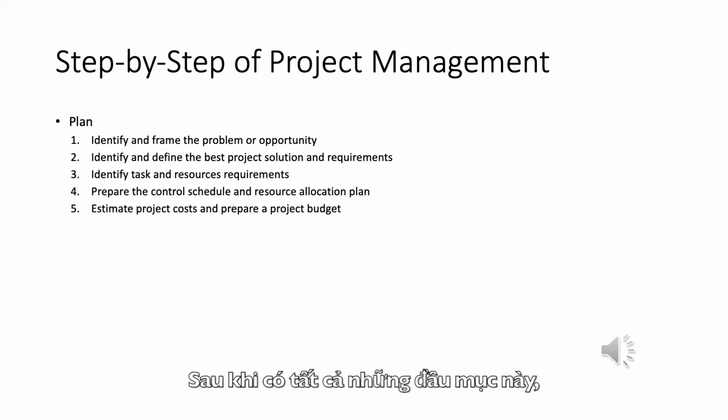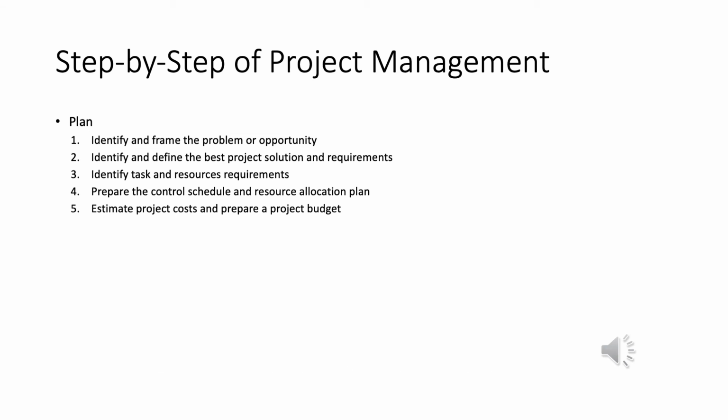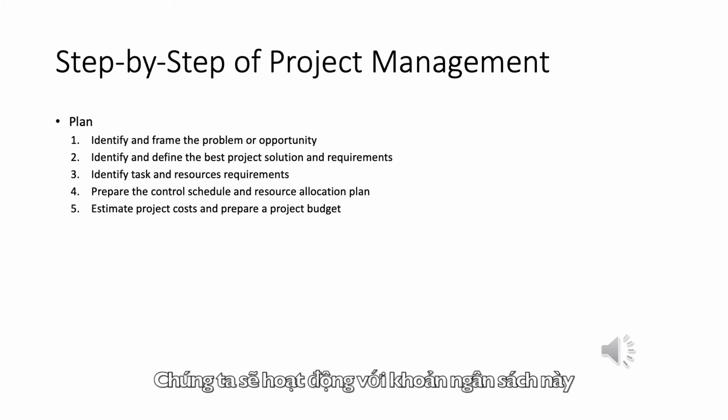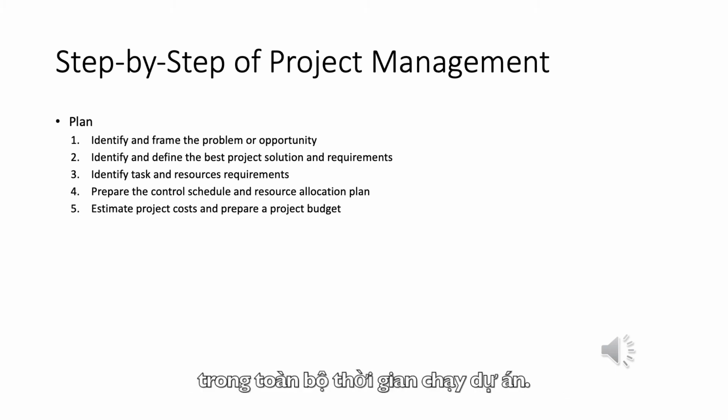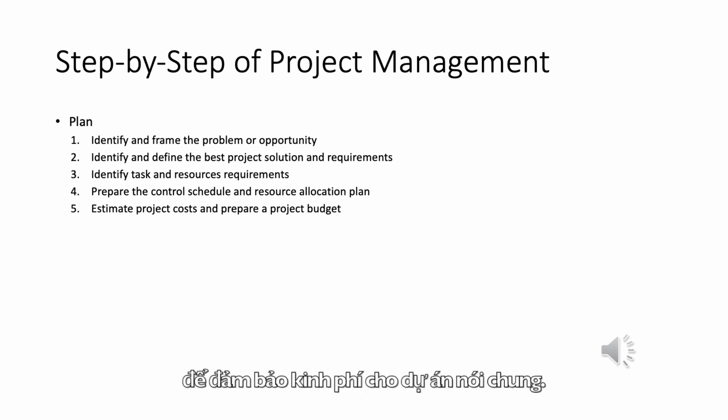Once we have all these items together, we can now put together a budget, a project budget. The budget is something that we will live with the entire time while running the project. It is also the main vehicle that we will use for securing funding for the project in general.